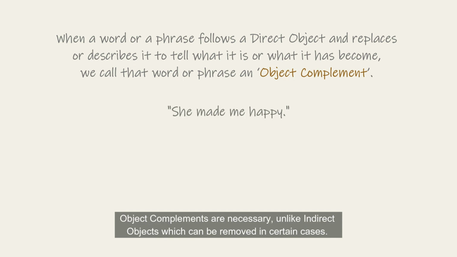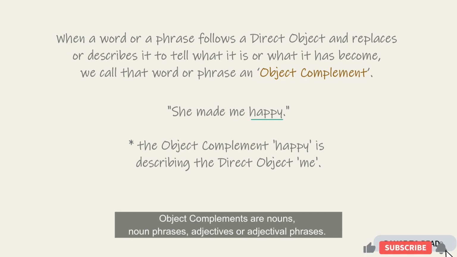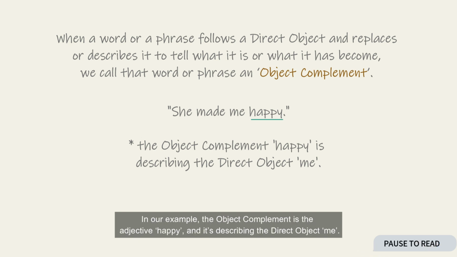Object complements are necessary, unlike indirect objects, which can be removed in certain cases. Object complements are nouns, noun phrases, adjectives, or adjectival phrases. In our example, the object complement is the adjective happy, and it's describing the direct object me.